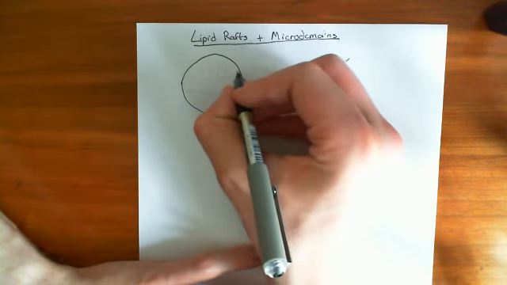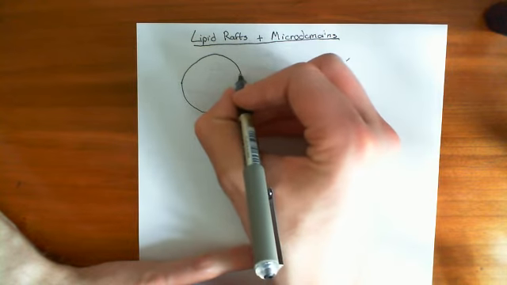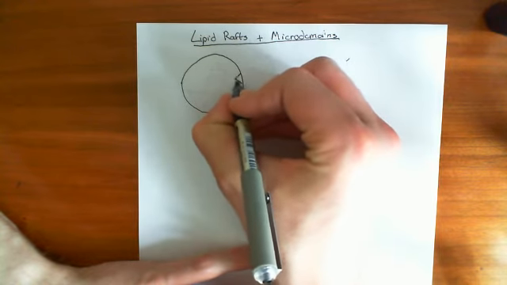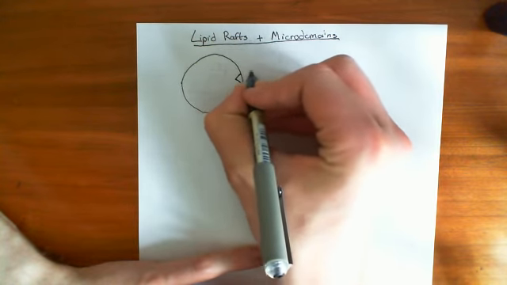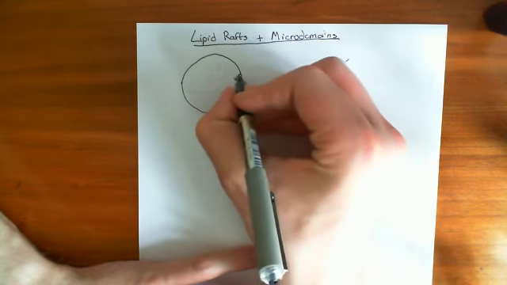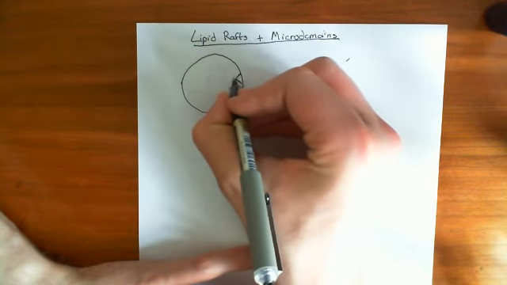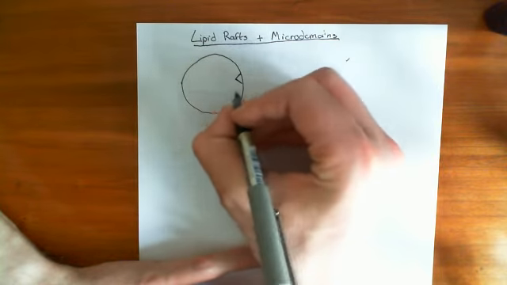Instead, it's compartmentalized into loads of little functional compartments. So let's say this is a little functional compartment which is sort of separated from the rest of the cell. Something is going to go on in this little compartment so that you can keep all the stuff that's going on in this little compartment separate from the rest of the cell.